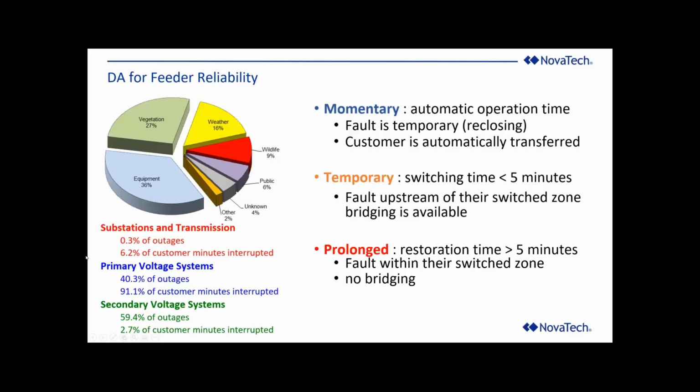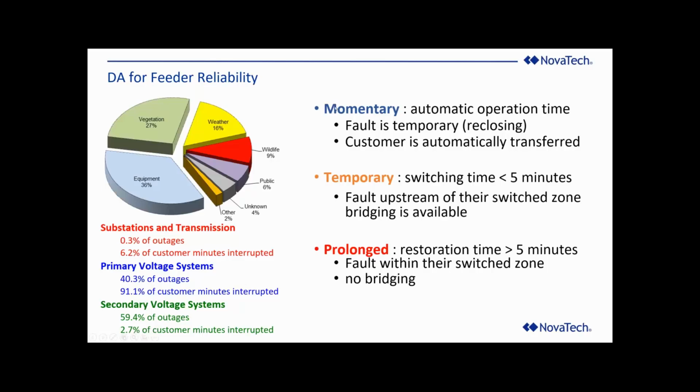The bulk of the outages that contribute to the indices, the higher numbers of outage minutes that are used for calculating the feeder reliability, happen on the primary system. So roughly 40% of the outages contribute to about 91% of the customer outage minutes. And it's only the prolonged outages that are being used to calculate those numbers.